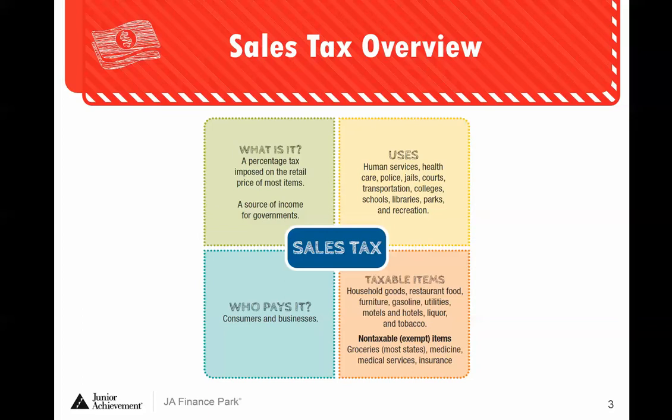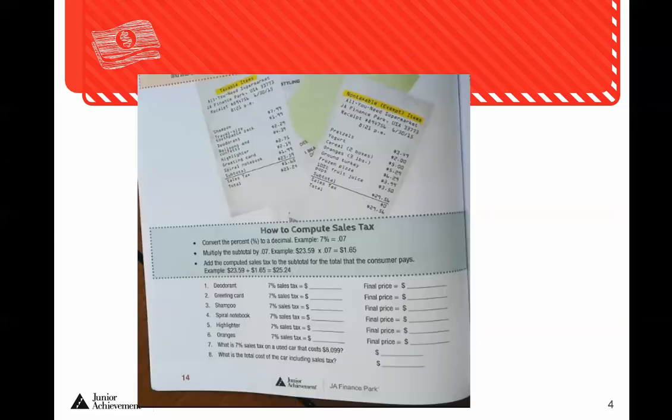In most states, you pay it on just about everything that you buy at a store. In some states, they don't have sales tax on food or drink. There are some examples of taxable items. Non-taxable items are things like groceries in most states. In Virginia, we do have taxes on our groceries. Medicine, medical services, and insurance are also non-taxable. So that's just a little sales tax overview.